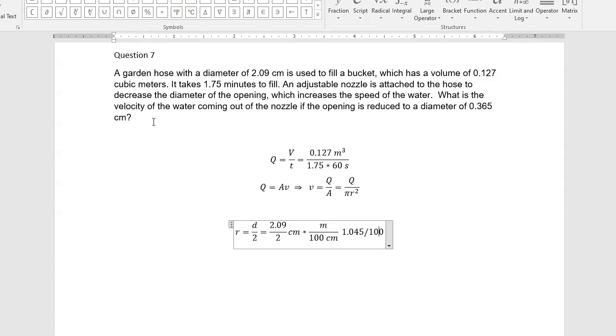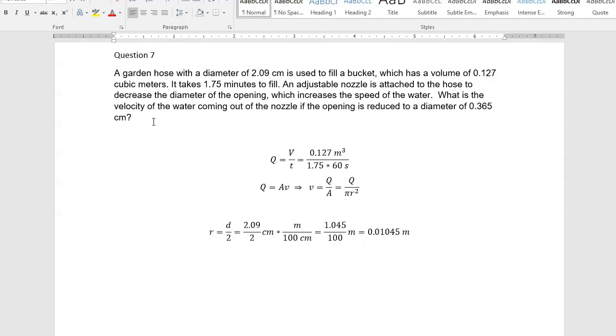Oh, I need an equal sign in there, don't I? That's meters, so 0.01045 meters. All right, so we know Q from this equation up top. We know R because we figured out how to get to R, so we calculate the velocity.